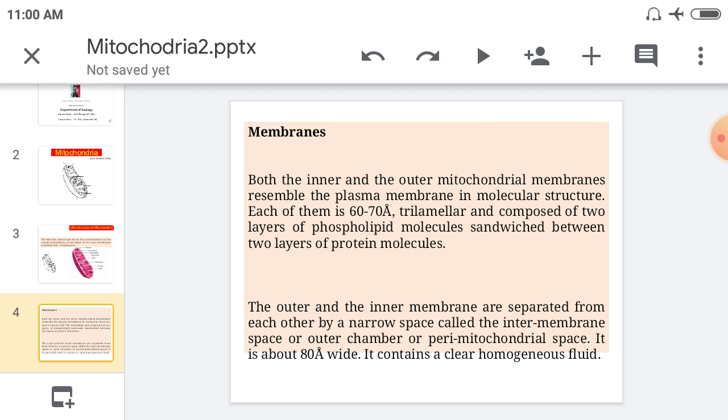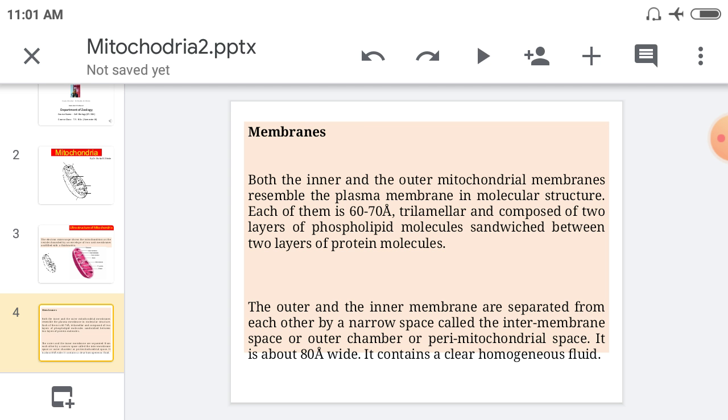You all know that the plasma membrane contains protein, lipid, and protein structure. It means a trilaminar structure, and the phospholipid molecules are sandwiched between these two layers of protein molecules. It means lipid is sandwiched between two layers of protein molecules.